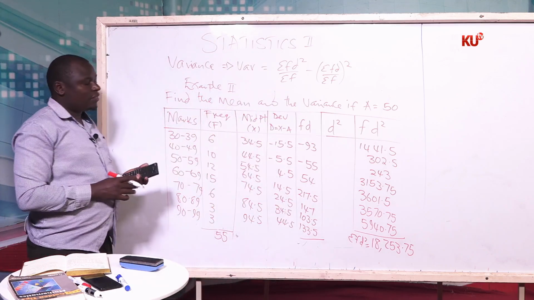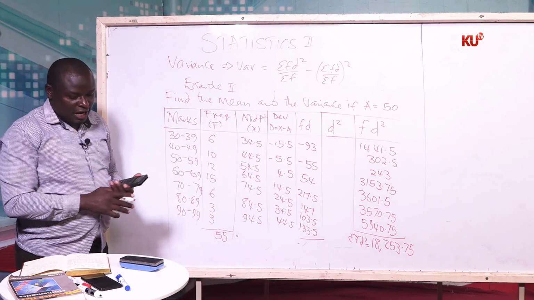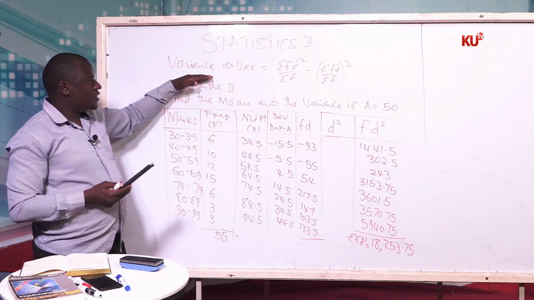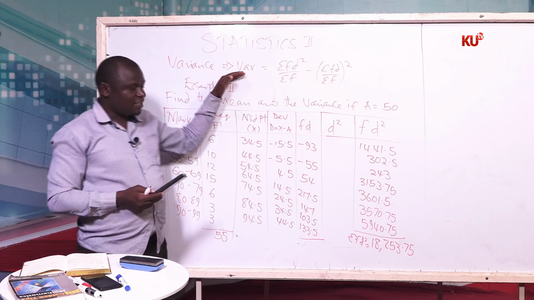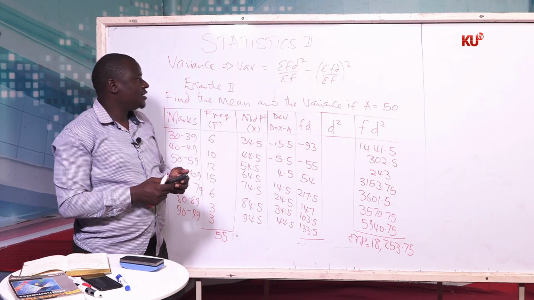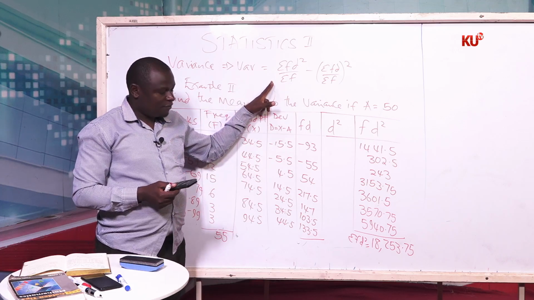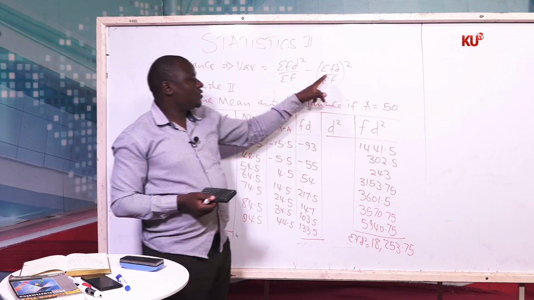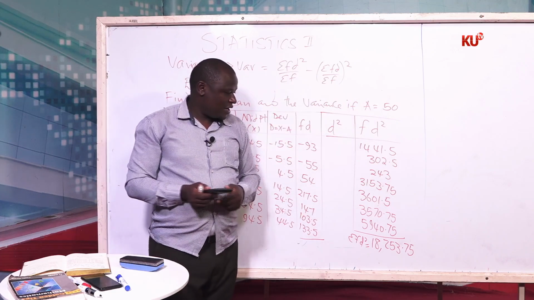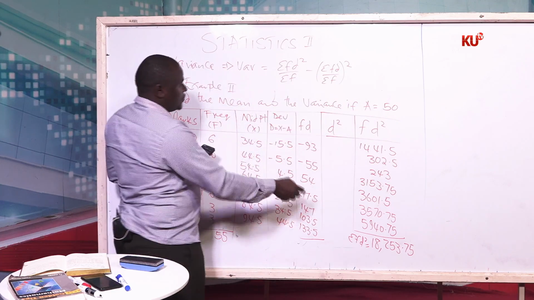Having filled in those columns, now we come back to what I had said initially, how to get variance. Variance is given by summation of FD squared all over summation F minus summation of FD over summation F, all that into bracket squared. So we are going to fill in those values.